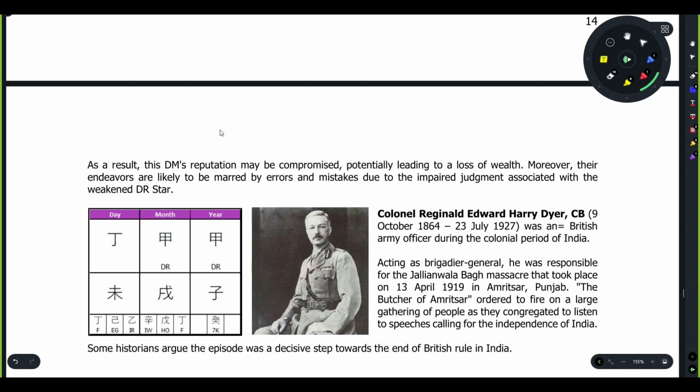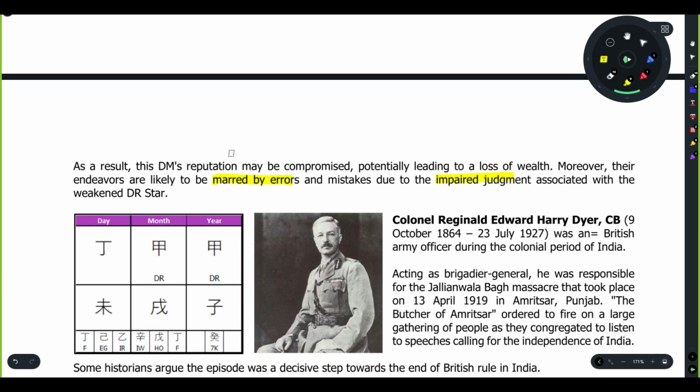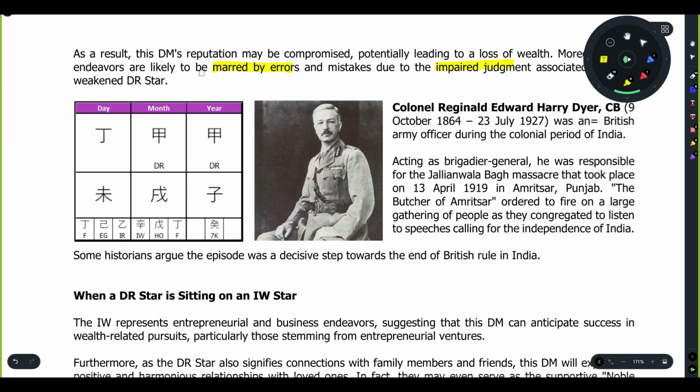And therefore, this will be the case whereby there is a risk that they are marked by errors and mistakes due to impaired judgment. Now, not saying that all direct resource sitting on officer will be as such, but it just means that there must be certain roles that people play that should not render them to be in certain so-called roles that they play.